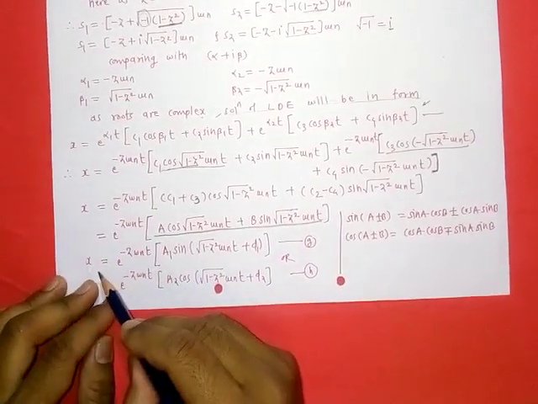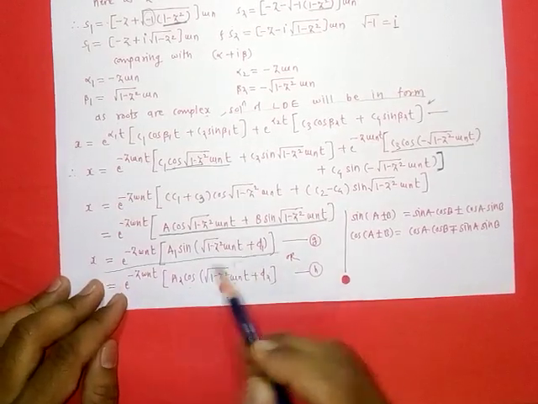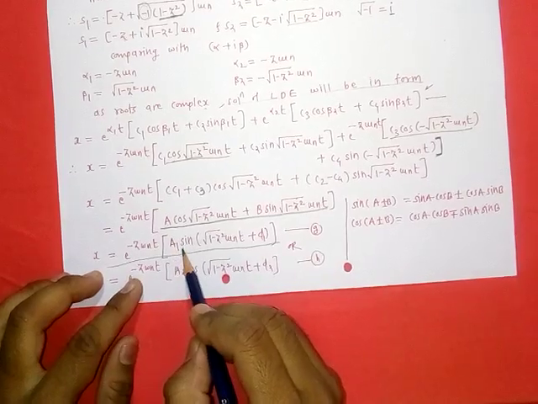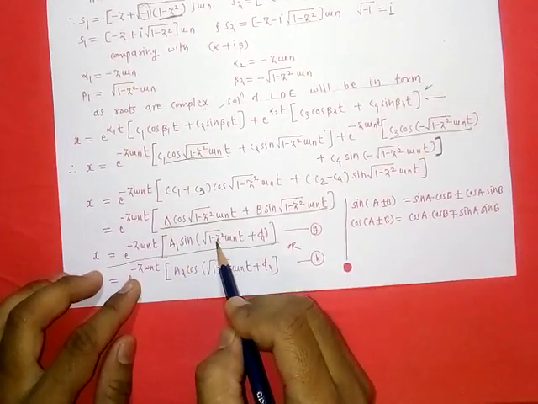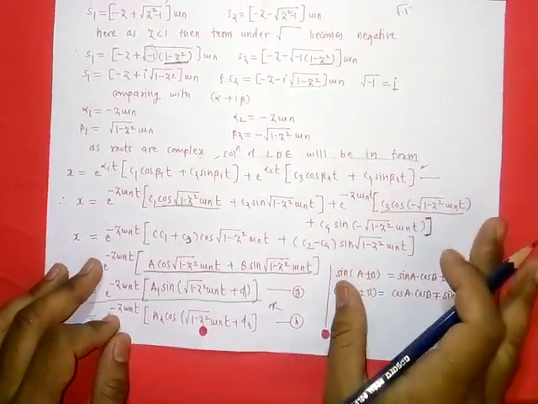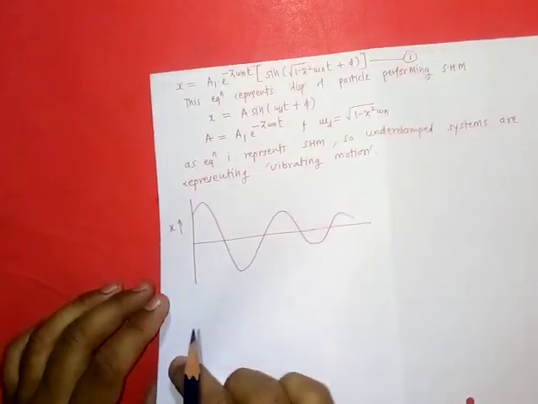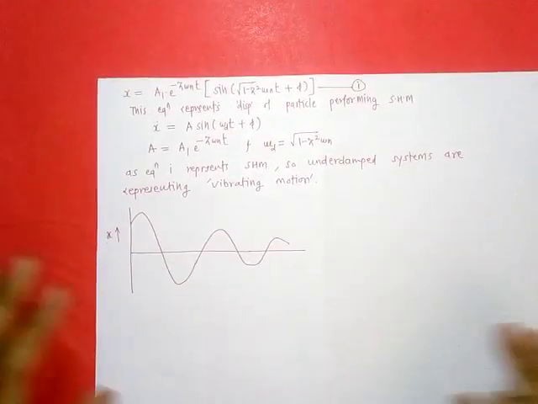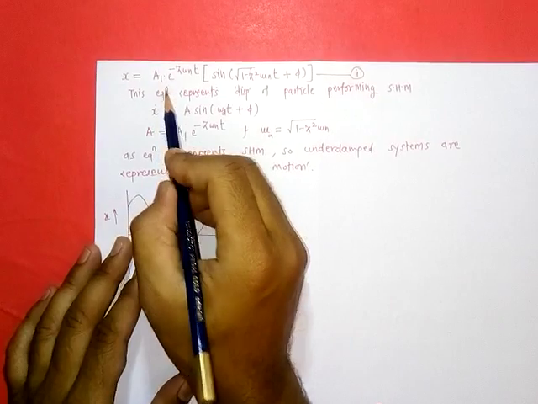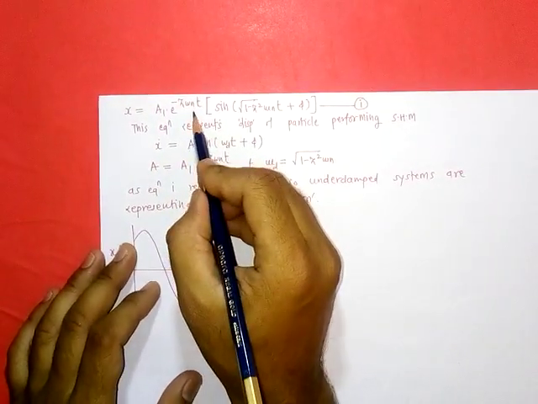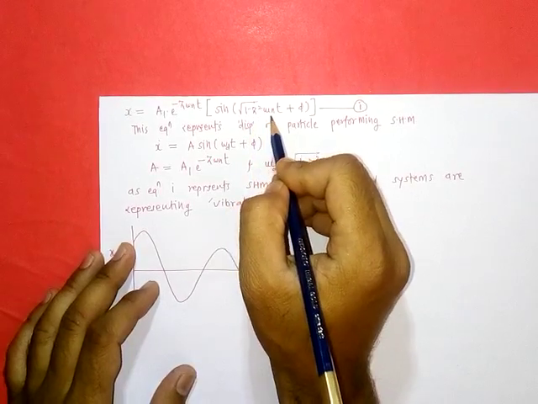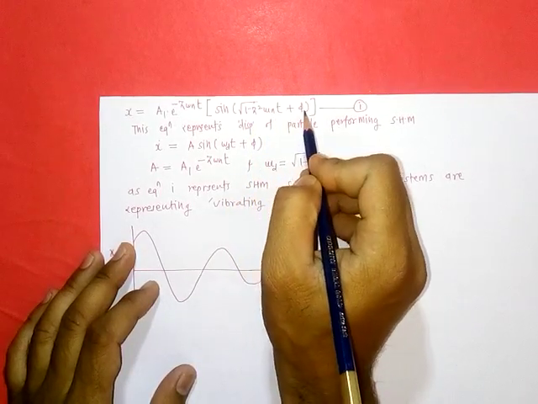So considering the sine form, the equation is x equals a1 e raised to minus zeta omega n t into sine of bracket under root 1 minus zeta square omega n t plus phi.